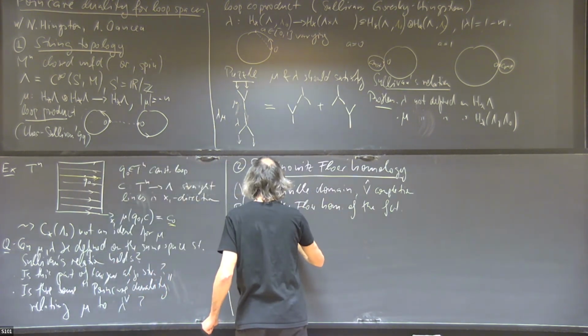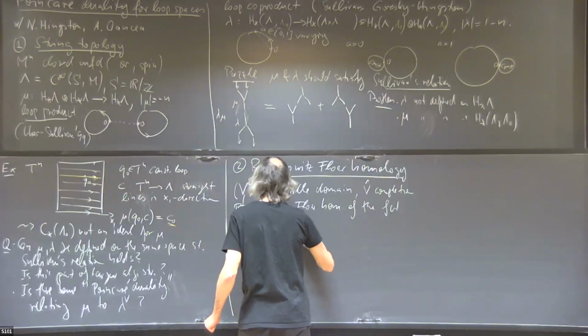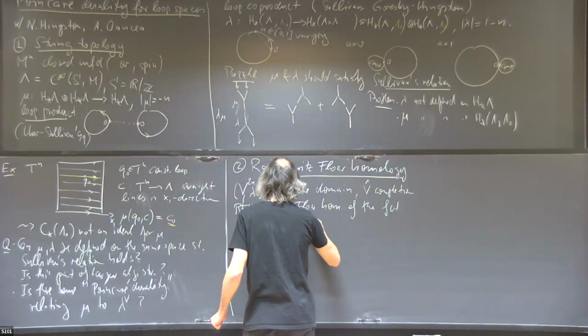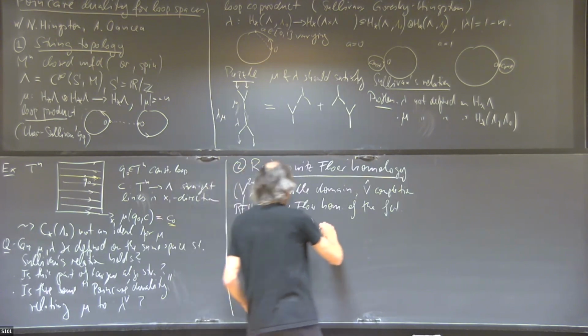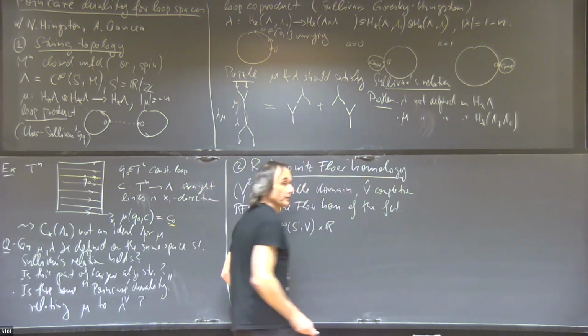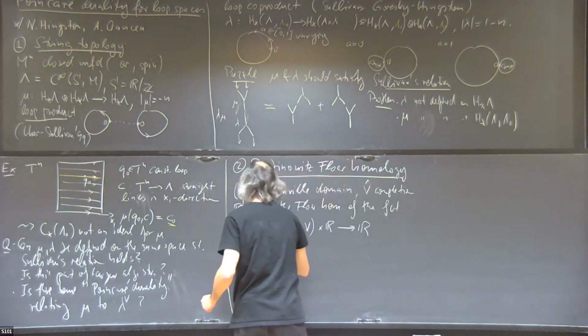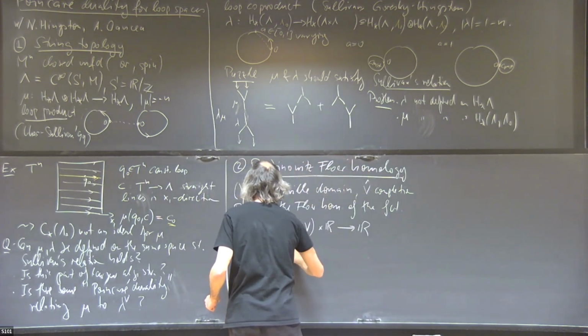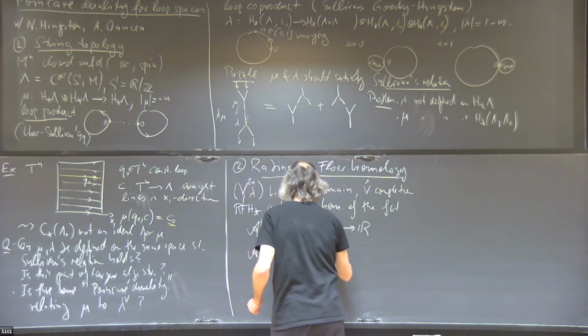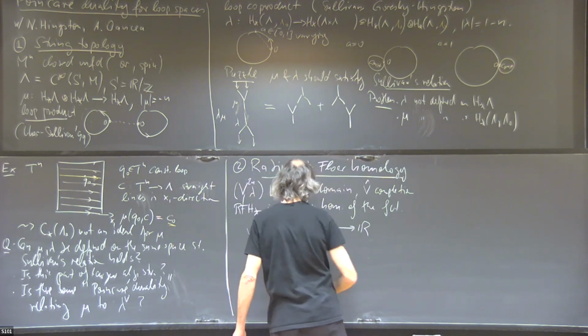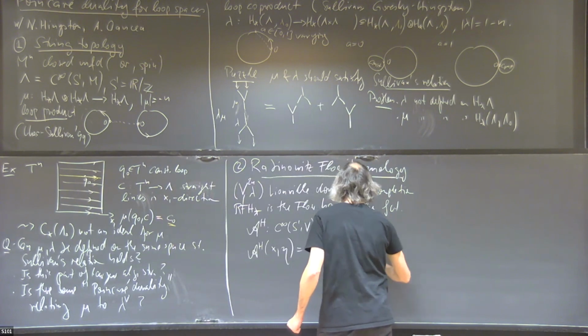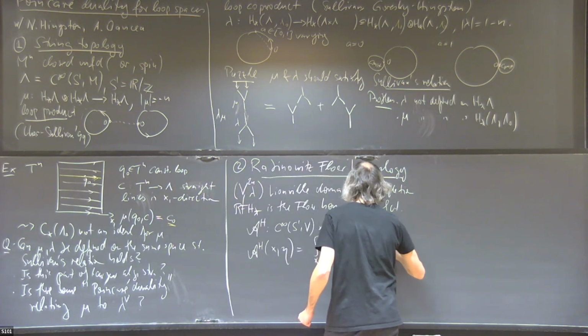It's defined on the loop space in this Liouville domain times the real numbers, to R, as the integral of lambda over x minus eta times the integral from 0 to 1 of H of x.